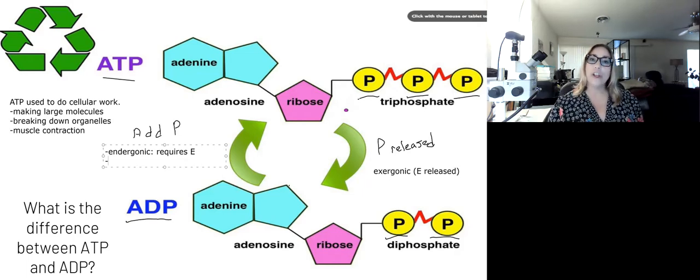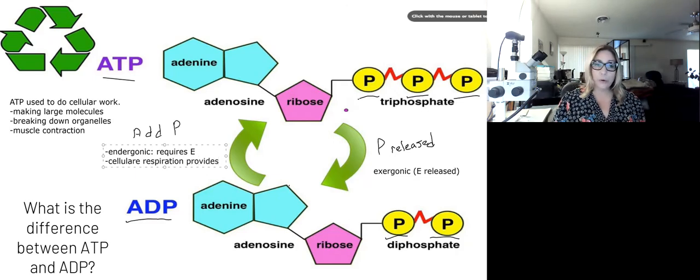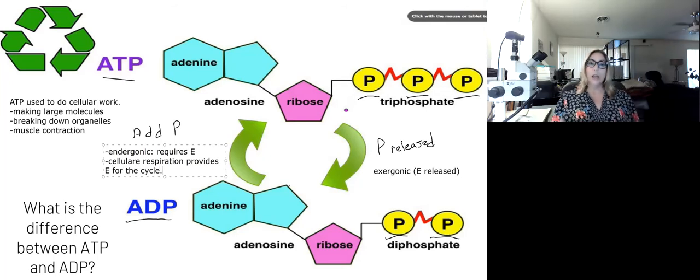So the energy for the ATP cycle to build ATP comes from the breakdown of food molecules, which is also called cellular respiration. So cellular respiration provides energy for the cycle. Okay, so the ATP cycle alternates between exergonic and endergonic.